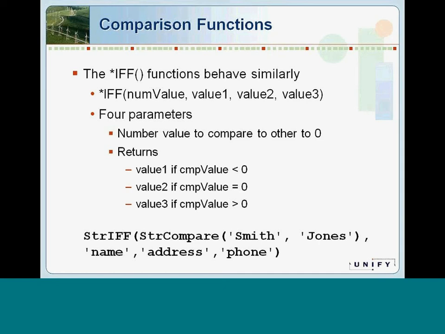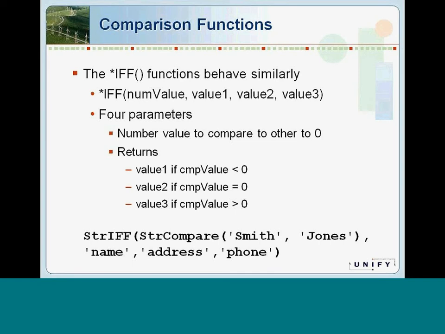So that's why you'll see in a lot of formulas you're doing string comparisons or subtractions for numbers to decide what value to return, because there is no true equal comparison in the formula editor. So you'll use this function frequently to decide what to return either to another formula or to show on the report.